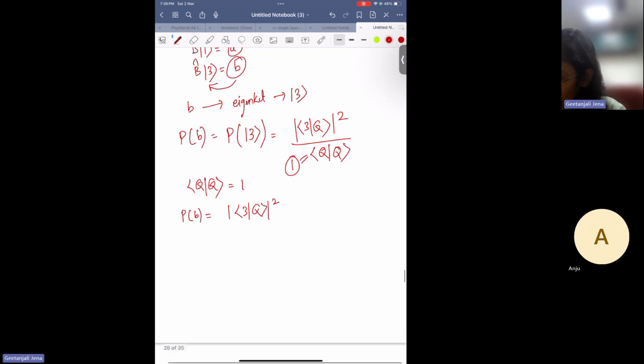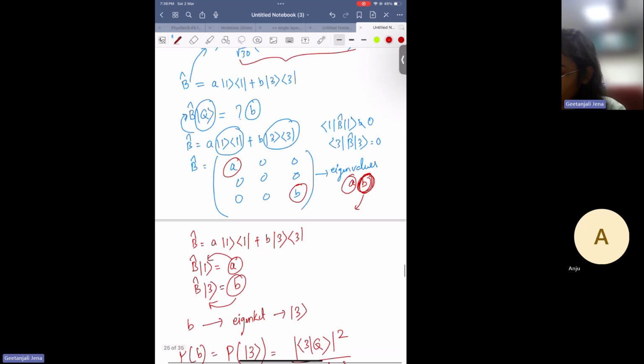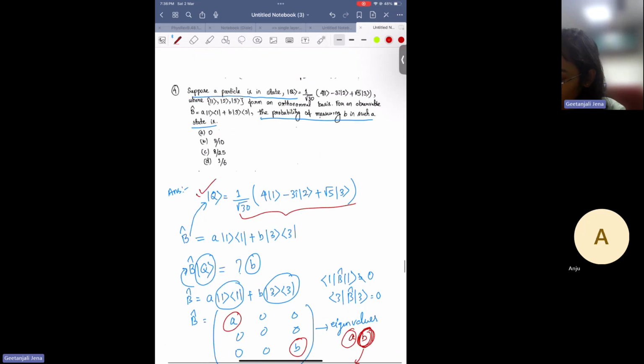Now the inner product of C with Q, if you see this term, only this term is non-zero, right? This will give a non-zero 3 equal to 1 and the other terms are 0. The coefficient is root over 5 divided by 30.